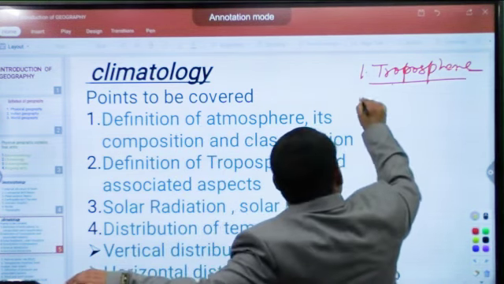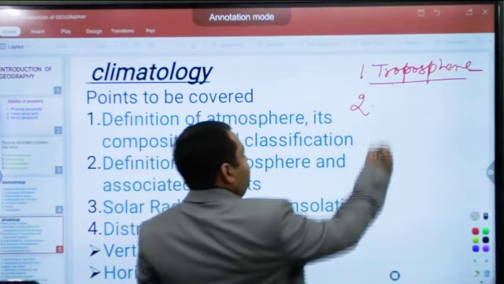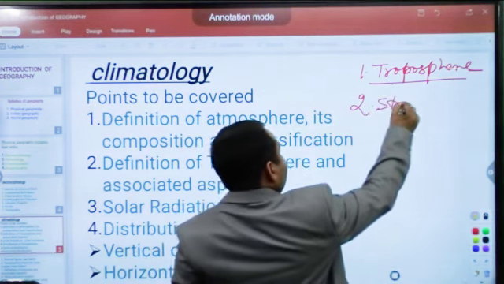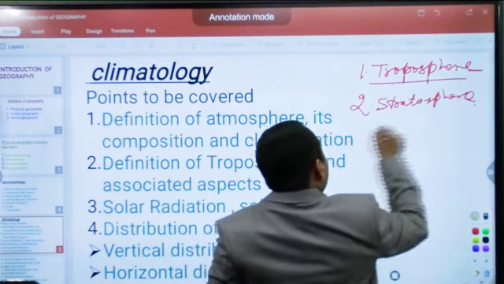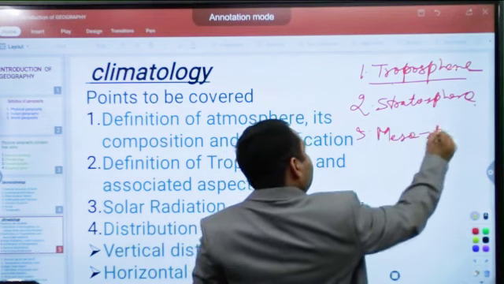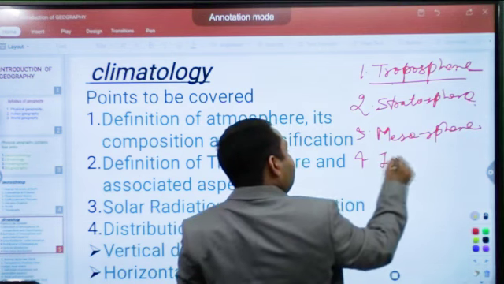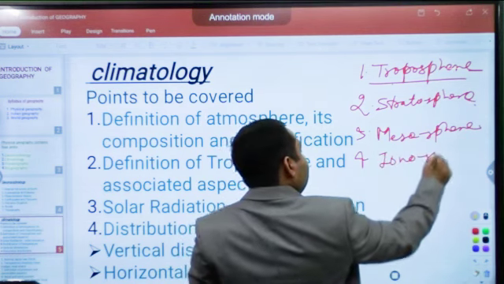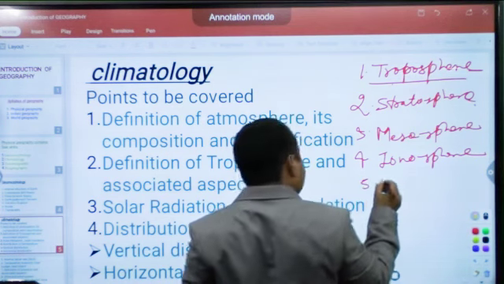The second layer of the atmosphere is stratosphere. Third, mesosphere. Fourth, ionosphere. And fifth, exosphere.